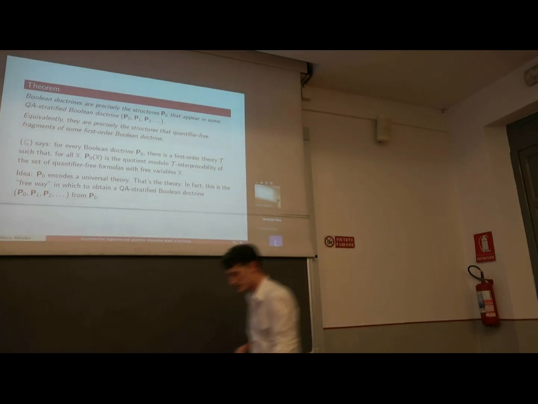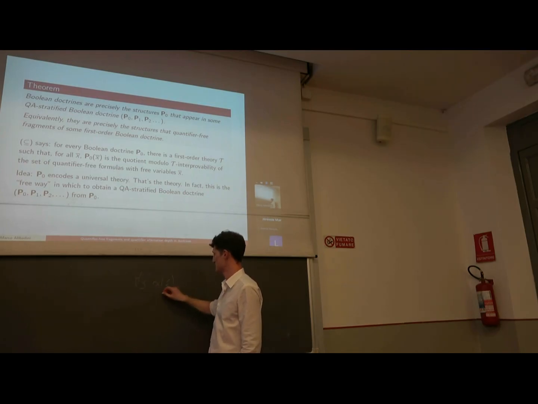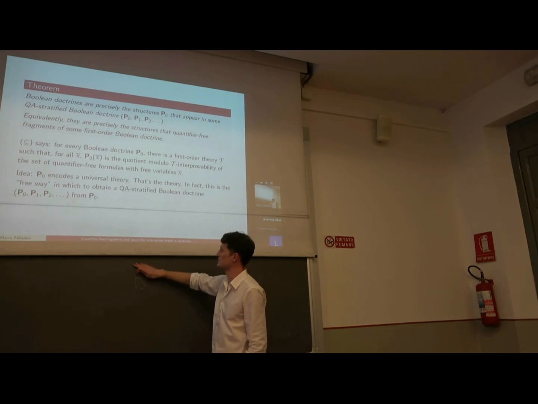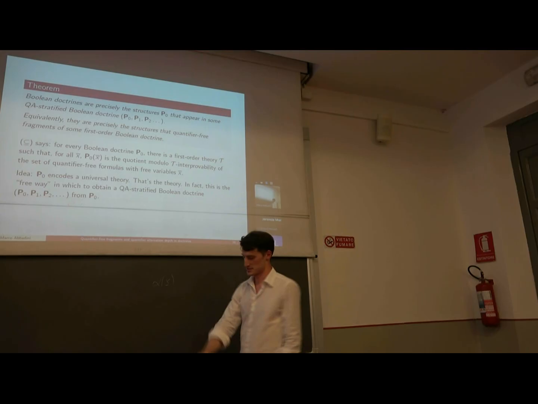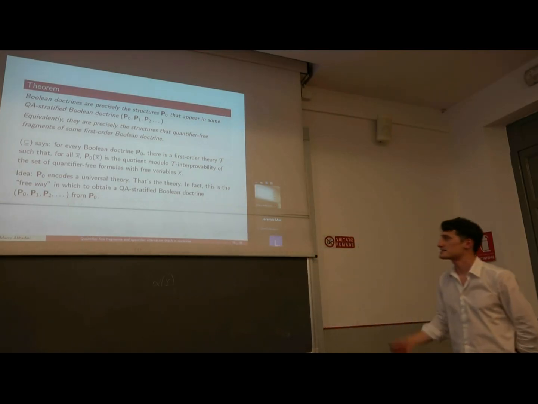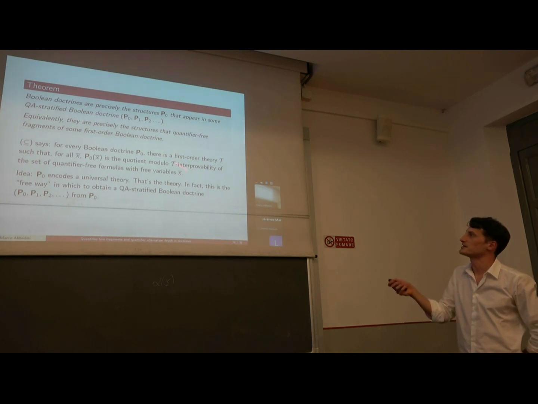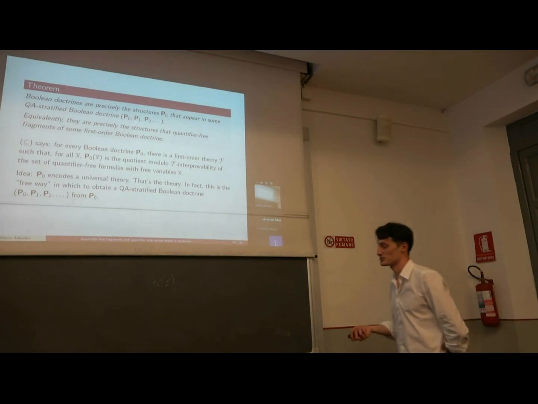So a universal theory means that the axioms are all of the form for all x, alpha x, with alpha quantifier-free. Essentially because in a certain sense you can remove for all and think of this as a free variable. And this universal theory is the theory that we are talking about. And this is the free way in which to obtain a QA stratified Boolean doctrine.